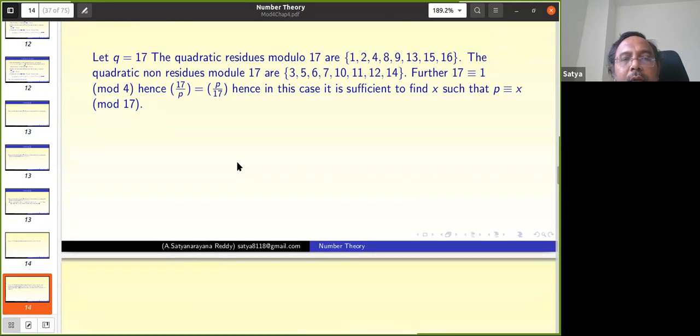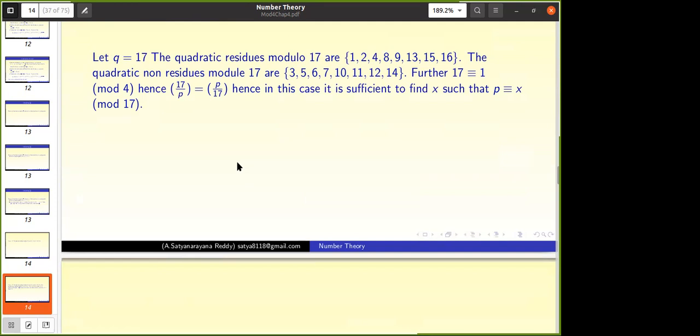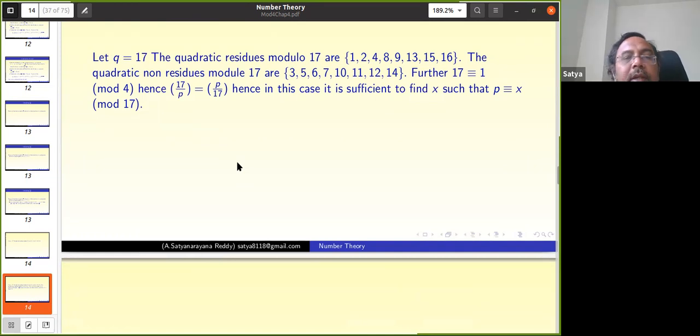But q is fixed now. I want to compute (17/p), but it is equal to (p/17). Why? Because 17 is 4k plus 1. So (17/p) equals (p/17). Yeah, so that I know.